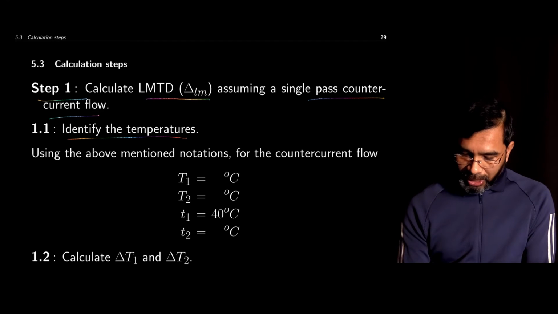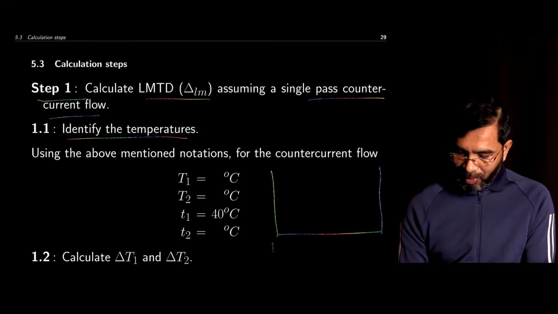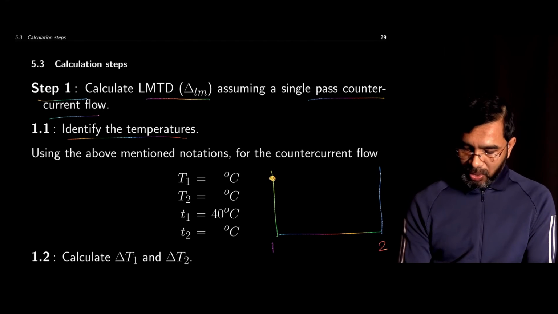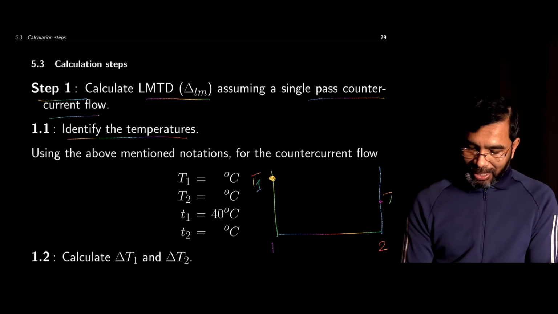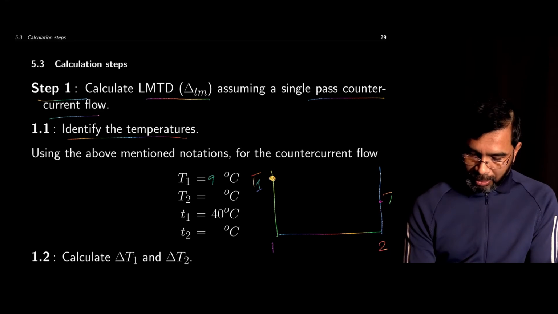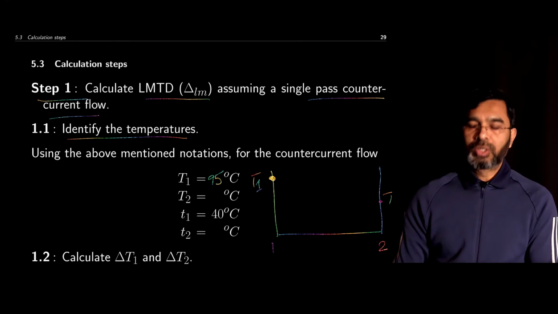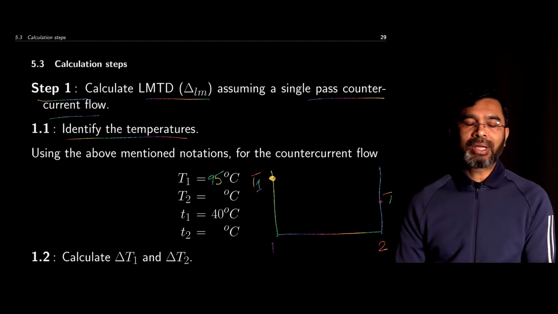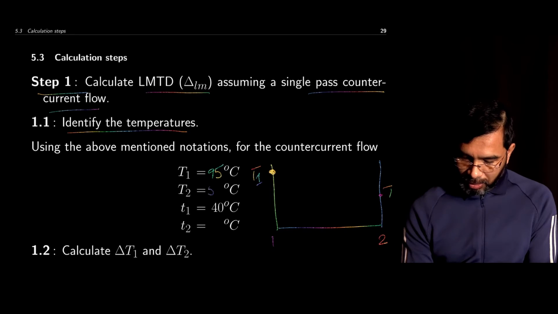Now we know that we denote side 1 and side 2, and we consistently denote the inlet side for the hot stream to be side 1. So this one is our T1, and T2 is the other side. So T1 is the inlet temperature for the hot stream, which is given as 95 degree centigrade. T2 is the exit temperature or the outlet temperature of the hot stream, which is given as 50 degree centigrade.